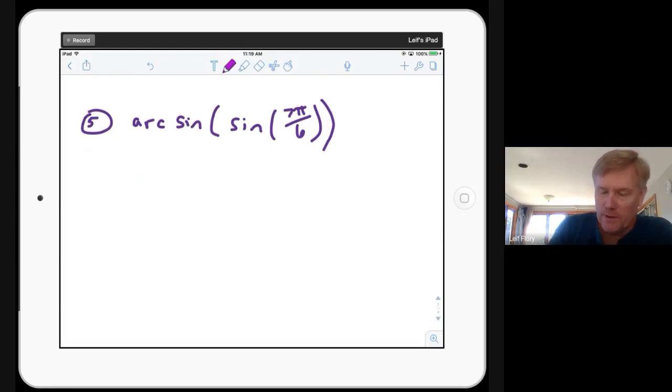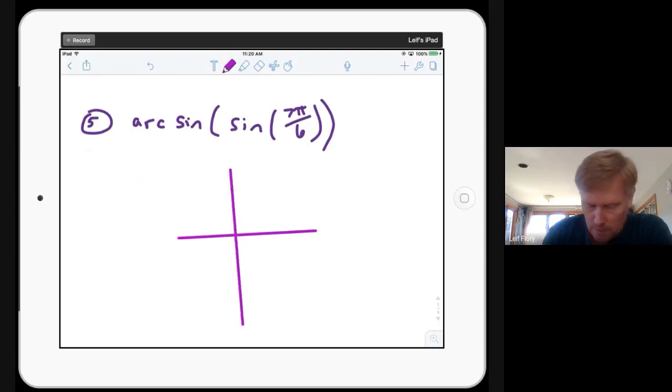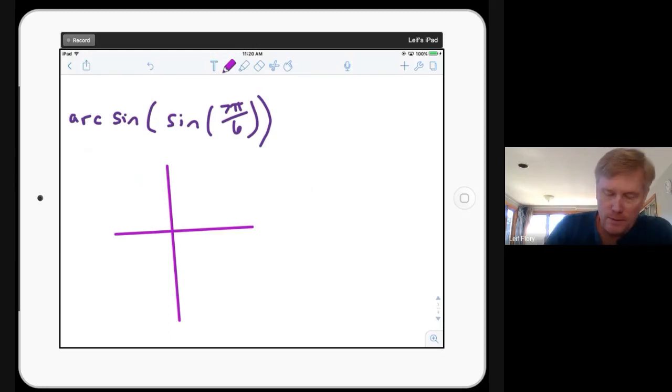So if I took, what is the sine of 7 pi over 6? 7 pi over 6 is, 6 pi over 6 would be halfway around. That's the same as 1 pi, which means that's 1 pi over 6 farther.